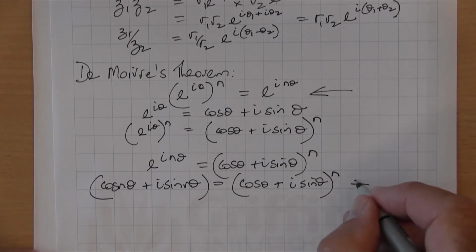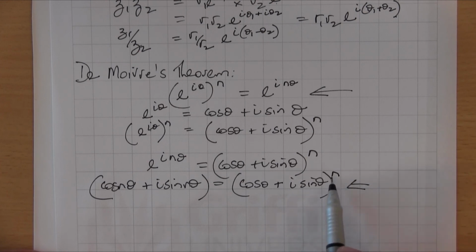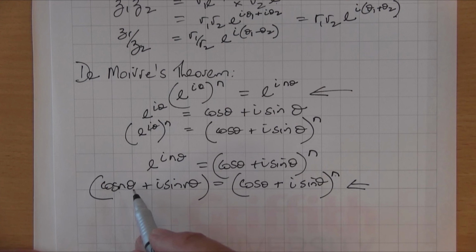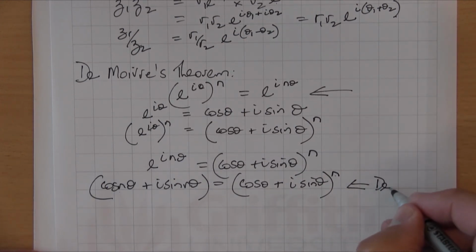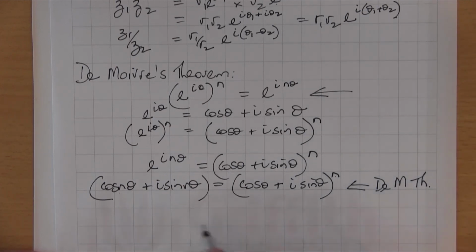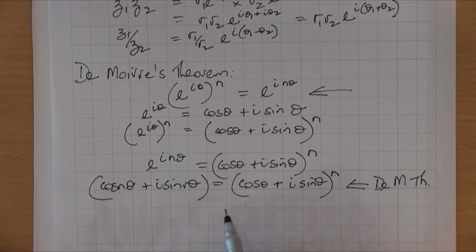This is De Moivre's theorem, that cos theta plus i sine theta raised to the power of n is cos n theta plus i sine n theta. We multiply the args by n to get n theta over there. So this is De Moivre's theorem. We're going to use this to prove some trigonometric identities, and it is a theorem that you need to know.